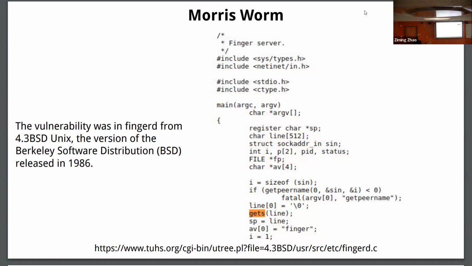Robert Morris was a graduate student from Cornell at that time, and he wrote the very first worm. That worm took over maybe 80% of the internet by then. At that time the internet had maybe around 1,000 or 2,000 computers, so most of them were infected.